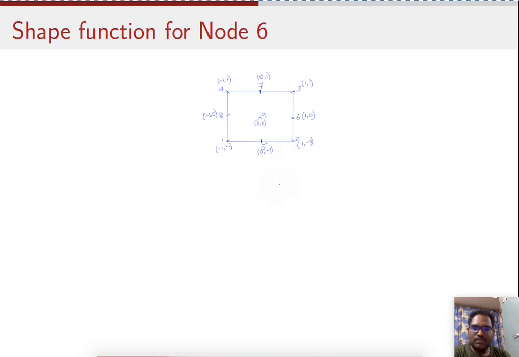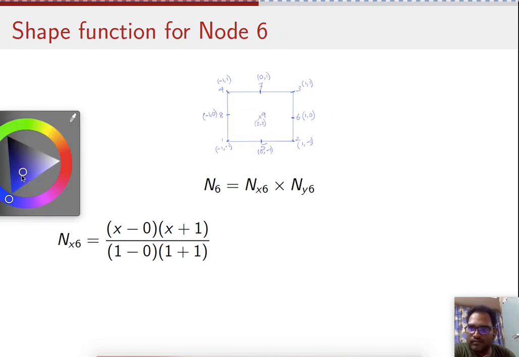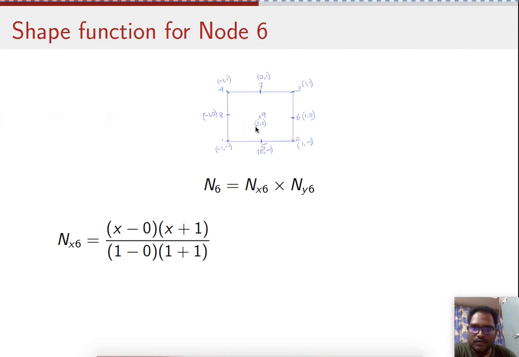So similarly for node 6, if you can try it out, it will be easy for us to get into the point directly. So in the x direction, as everyone is pretty clear with it, we'll have the term 0 over here and -1 over here, and then here we have a 1.